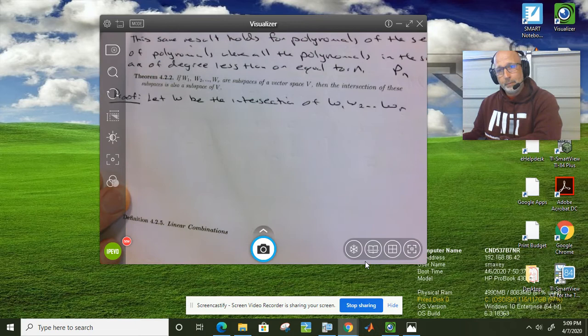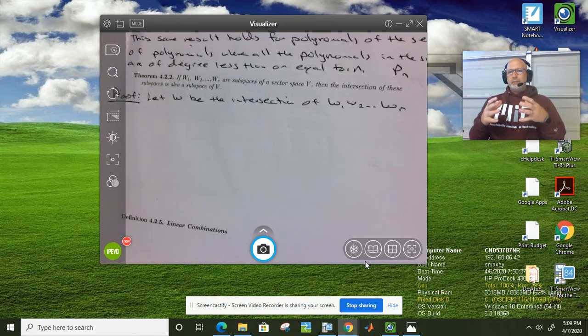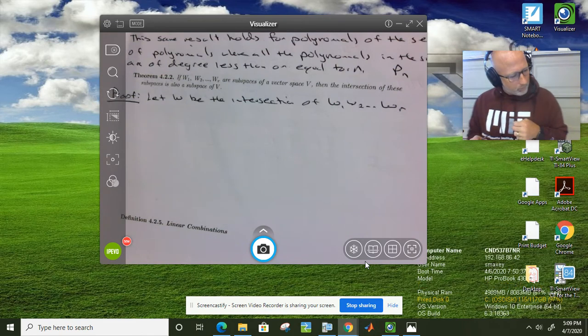So will there be something in there? And the answer is yes, because if you take all these subspaces and you find the intersection of them, well, 0 is going to be in each one of those because 0 is an element of every single subspace. So 0 must be an element of the intersection of those subspaces as well.